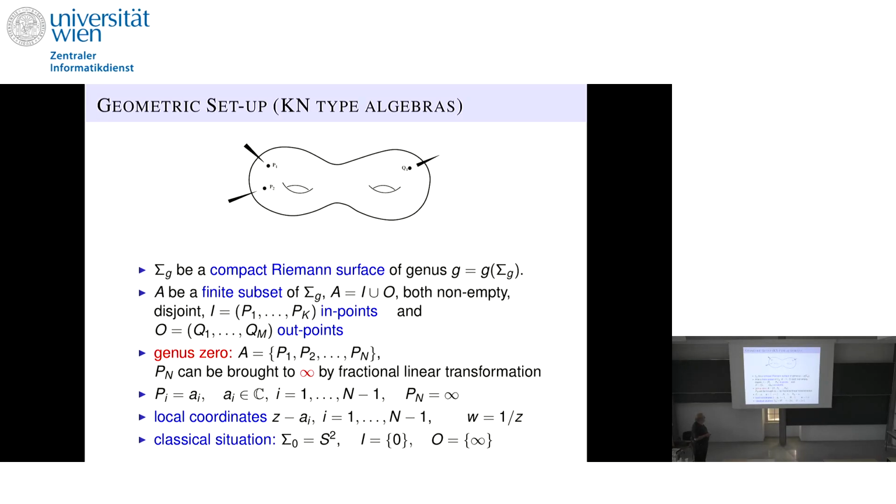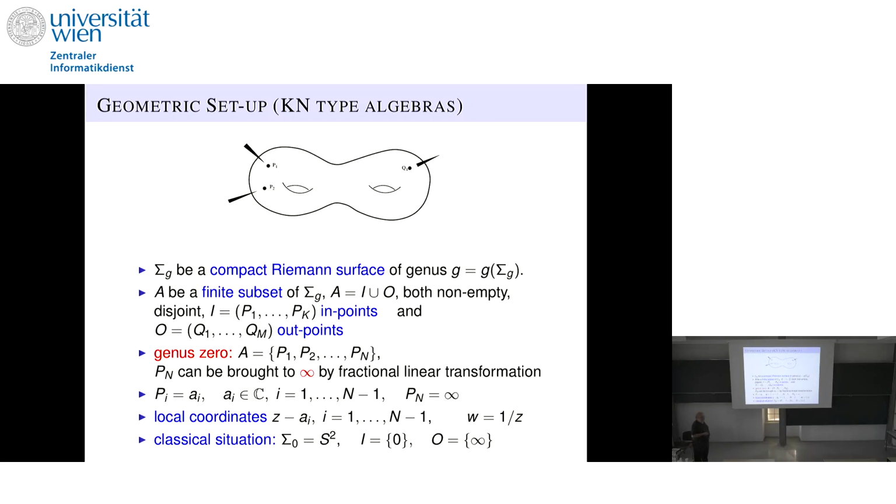Now I can bring the last point to infinity by a fractional linear transformation. What I gain by this is that I can identify the points Pi by complex numbers. These points are now in the finite part.